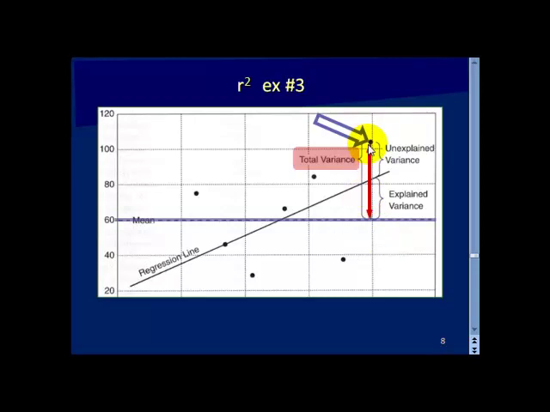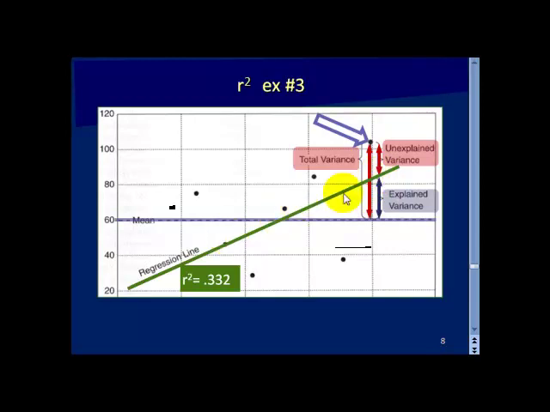In other words, this is how much error we have relative to the mean. We would do this for each score and figure out how much the total variance is. With the regression line, you note that we do a lot better in predicting this score. Instead of having this much error, we only have this little error at the top that remains unexplained. We have all this error that we're explaining based on the regression line.